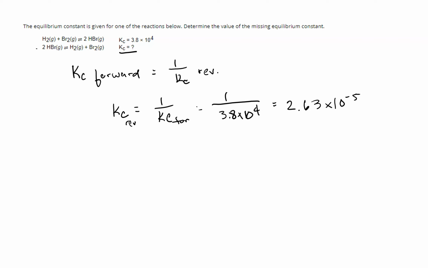So nothing too tricky here. You just need to know how to read a reaction forward and reverse, and how that will affect the equilibria as your reaction is written. Let's see here. Next question.